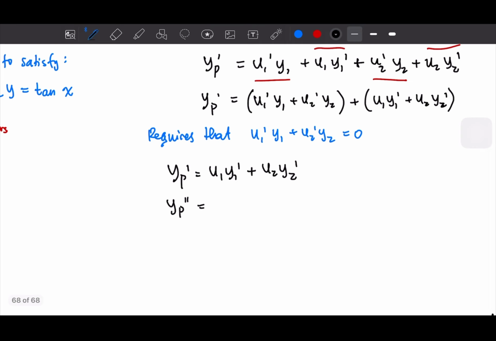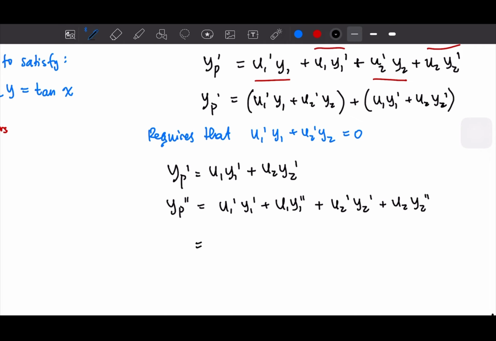So u1 prime y1 prime plus u1 y1 double prime. Well, let me write that bracket first, and then plus u2 prime y2 prime plus u2 y2 double prime.